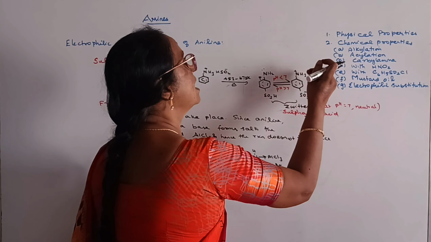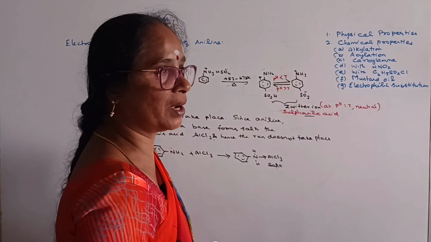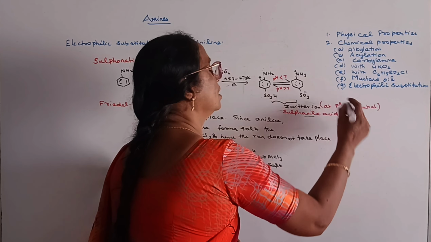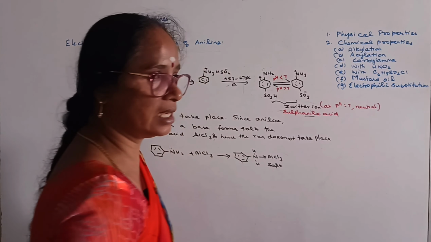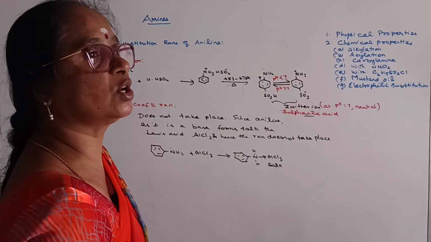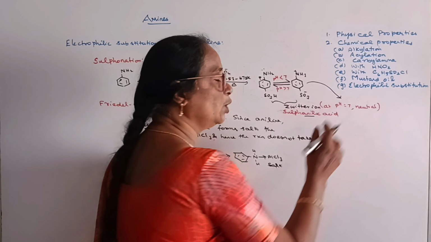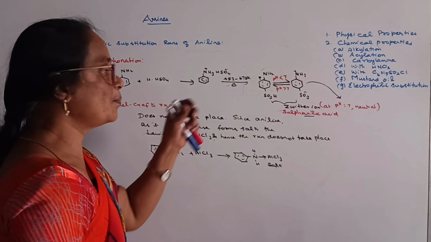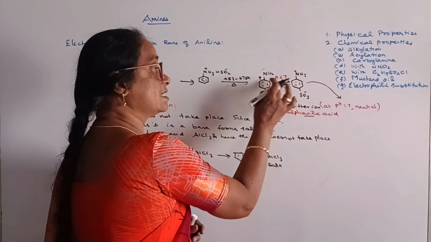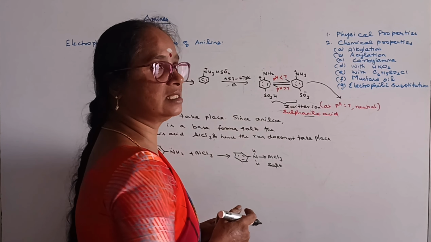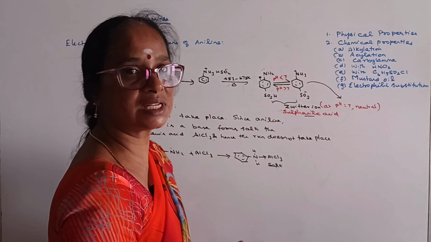So we can get NH3+ SO3-, and this molecule is said to be a zwitter ion. At pH equal to 7, this molecule behaves as a neutral molecule.